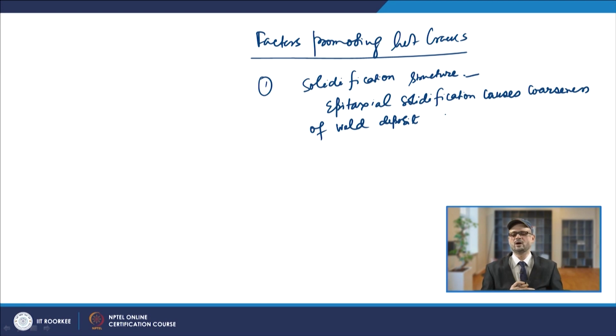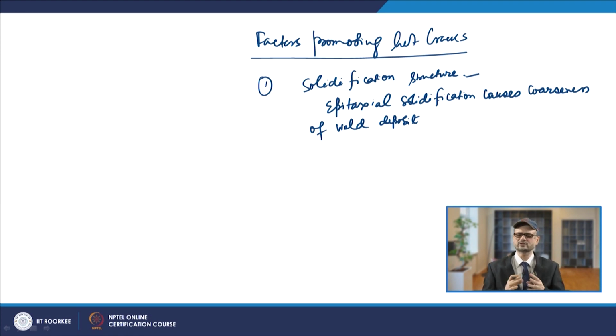Now what is happening is that you will have long columnar grains. In high speed welds, these tend to be weaker under stress than the other kind of grains, the equiaxed grains, which are normally observed in low speed welds.